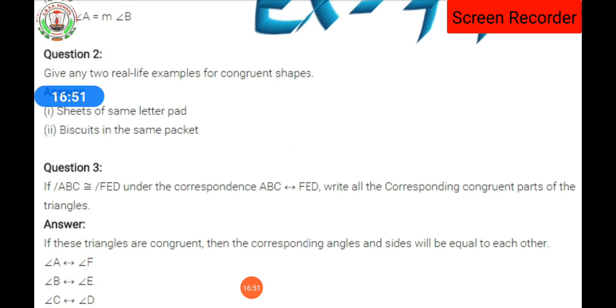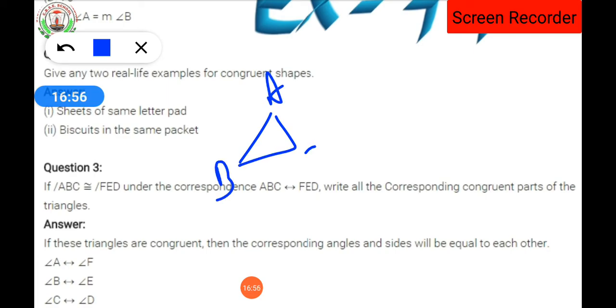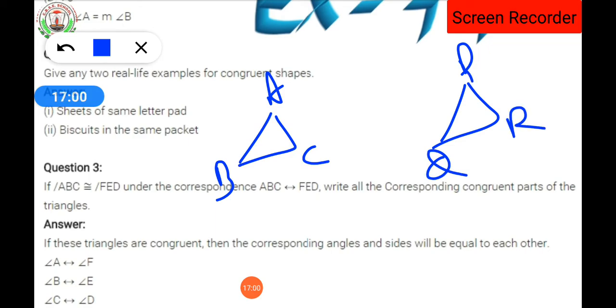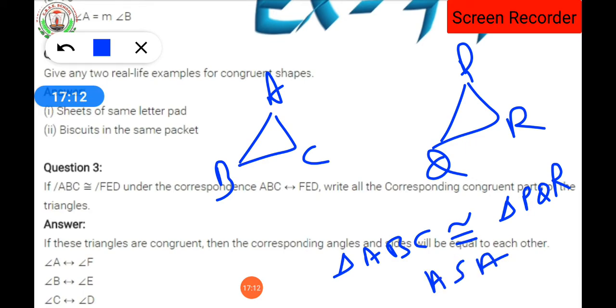So here we can consider the second case. Suppose a triangle ABC is there and the triangle PQR is there. We can say that the triangle ABC is congruent to the triangle PQR under the angle side angle congruence criteria when angle A is equal to angle P, angle C is equal to angle R, and this side AC is equal to PR.